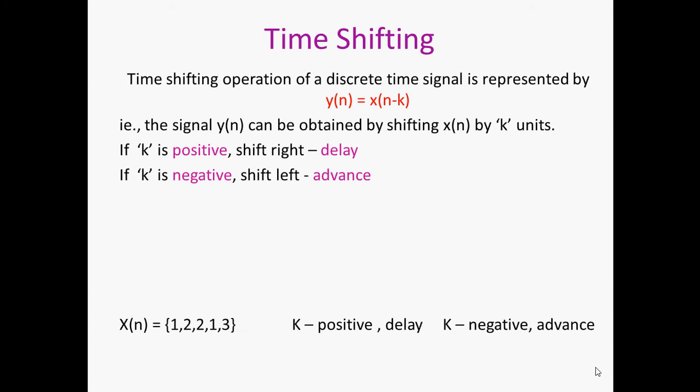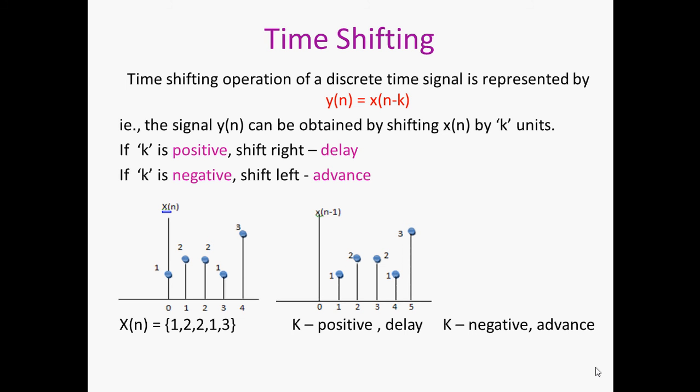For example, if the x of n is 1, 2, 2, 1, 3 with the time range of 0 to 4, plot the x of n from the time range 0 to 4 with its corresponding amplitude as 1, 2, 2, 1 and 3. Then in x of n minus 1, the k value is positive, that is 1.